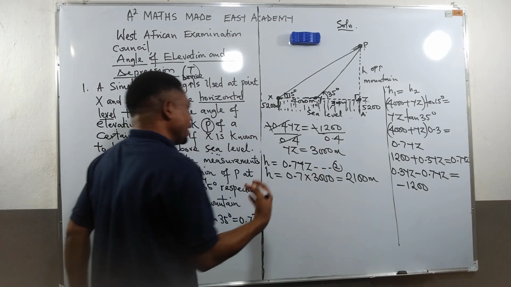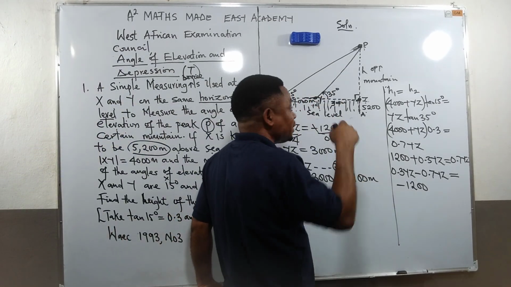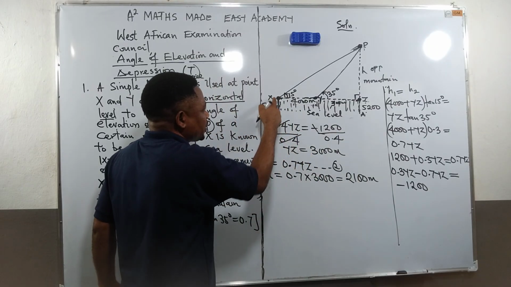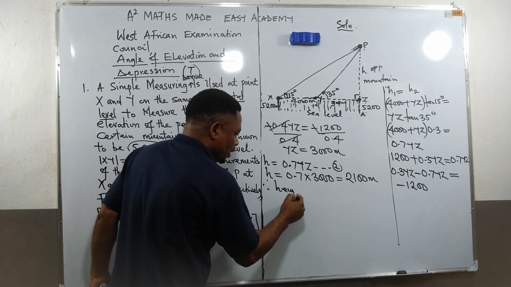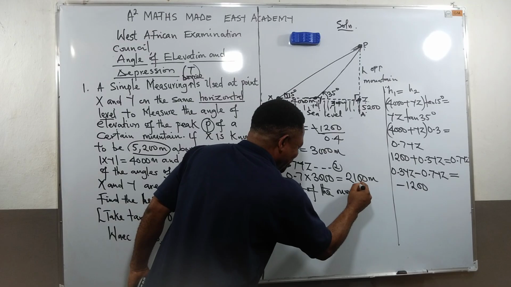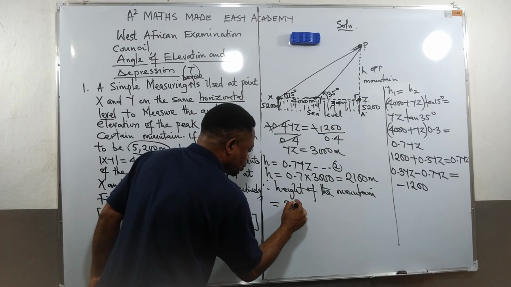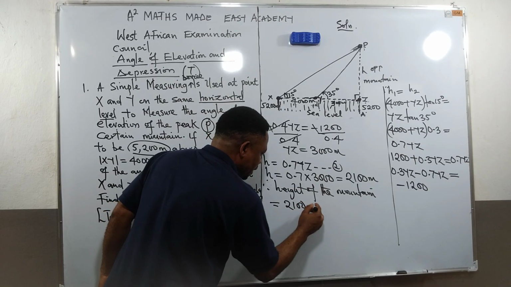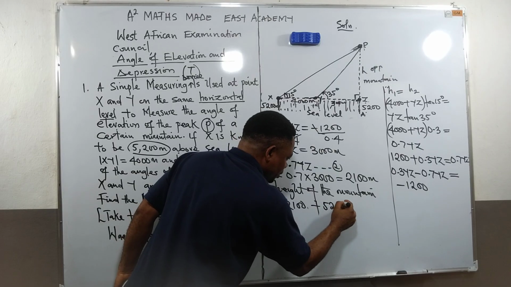But when you are looking for the height of the mountain, remember that the mountain sunk inside the water. So which means we're going to add the one above sea level. Therefore the height of the mountain is now equal to the h we got, which is 2,100 meters, plus above the sea level, which is 5,200 meters.